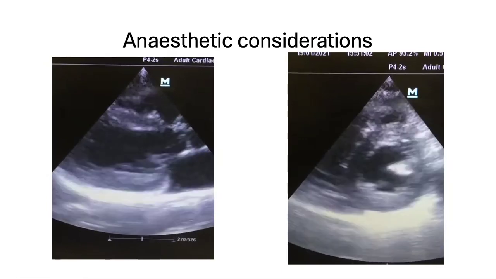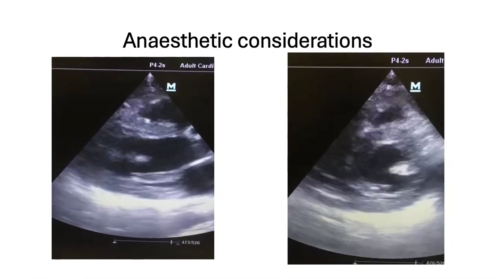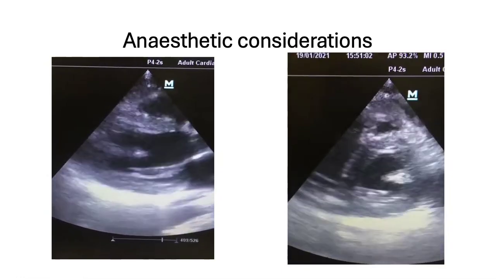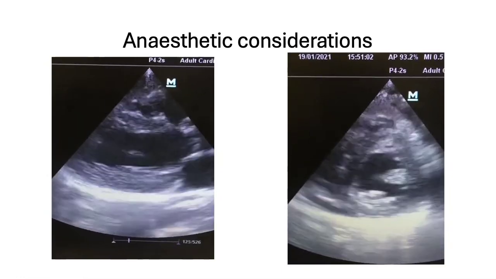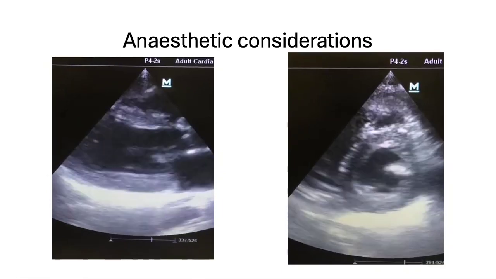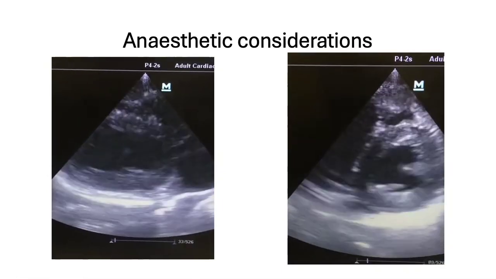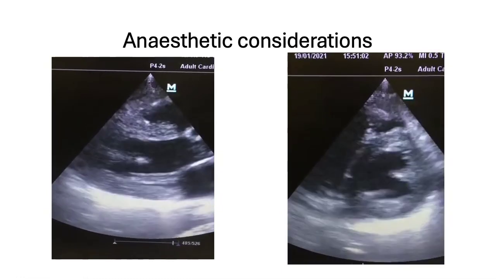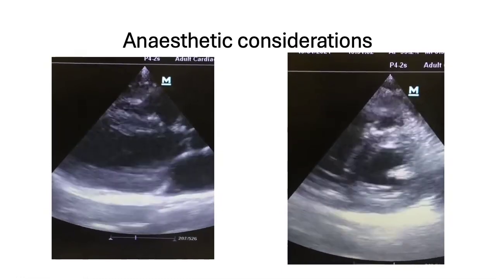So what can we say from a fluid status perspective? Because this patient has poor LV contractility, this is a patient you have to be careful with in terms of fluid administration. If you give them too much fluid, they can easily go into heart failure, so you don't want to do that.